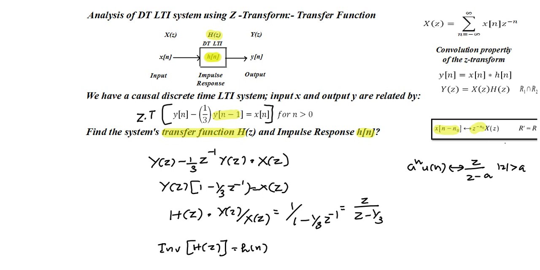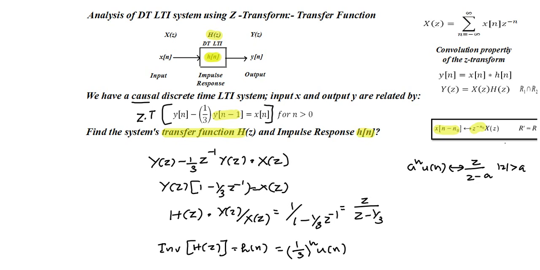Here it is given as a causal signal, and in this example we got H(z) is equal to z by (z minus 1 by 3). So in place of a it is 1 by 3. So I can write it becomes (1 by 3) the whole raised to n into u(n). This is your impulse response h(n) and H(z).